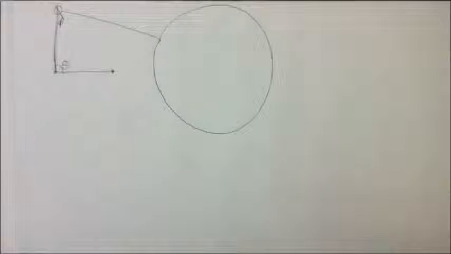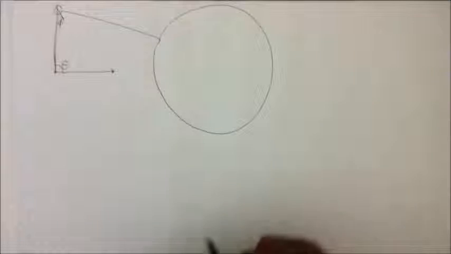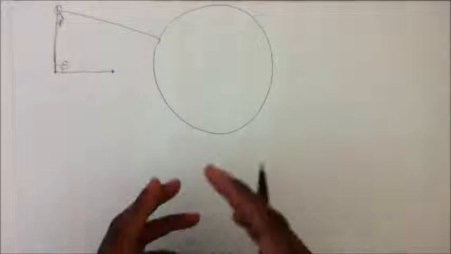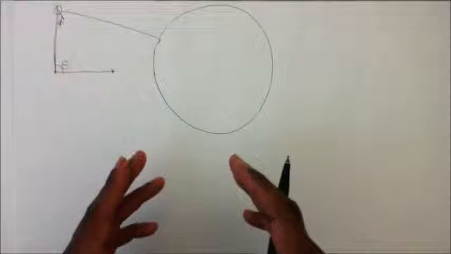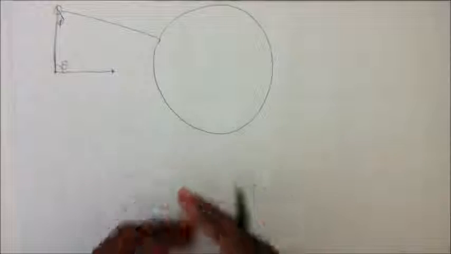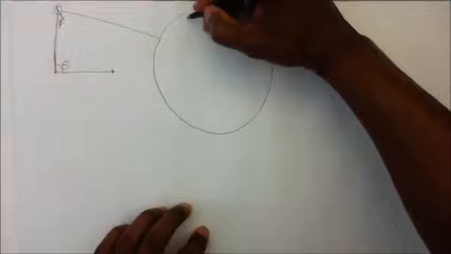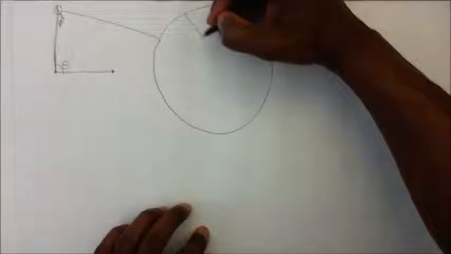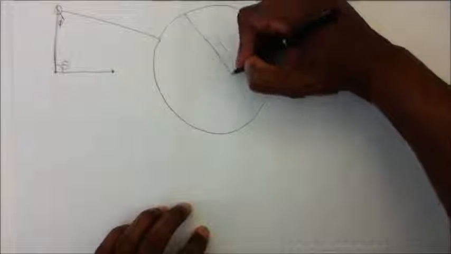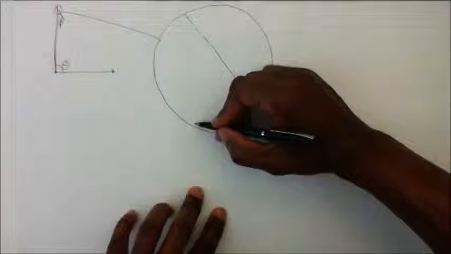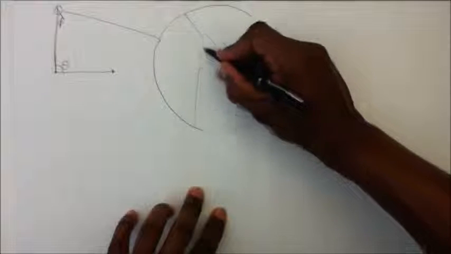Now, the key thing is, whenever you take a curve such as this and expand it infinitely, taking an infinitely small portion, the curve is going to look very much like a straight line, and the two lines are going to look parallel in this case.